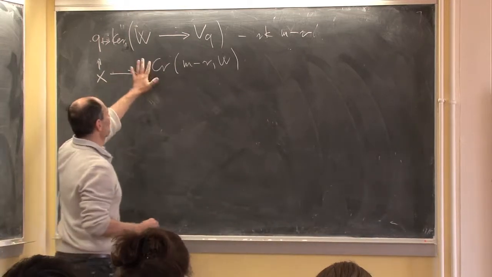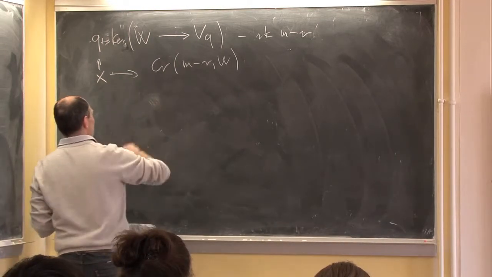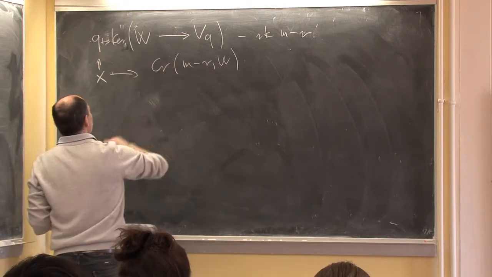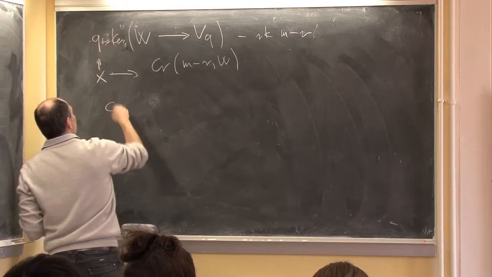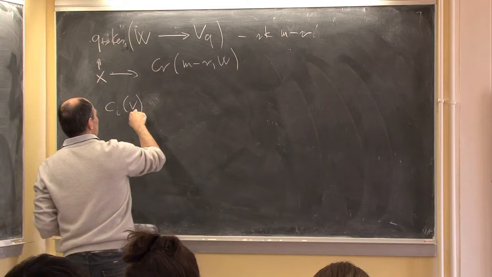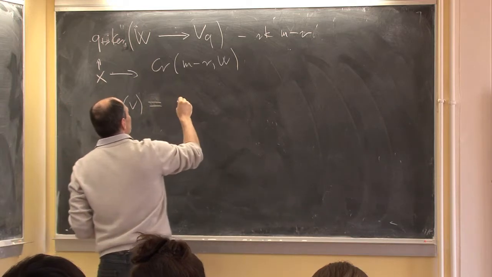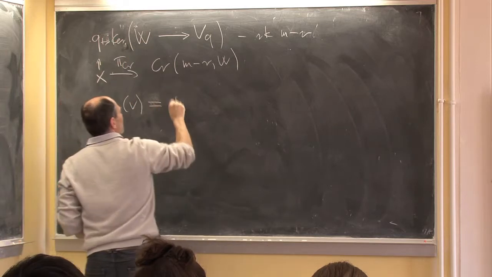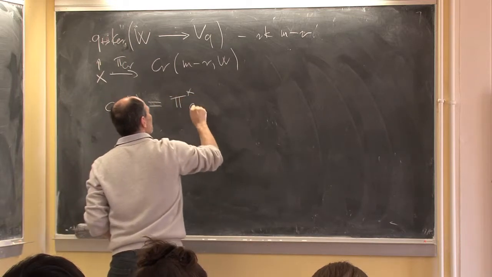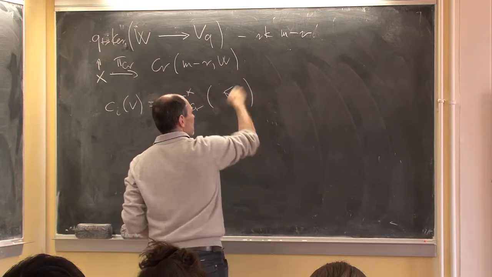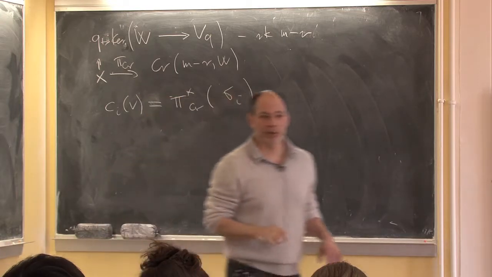The point is now, let me just say one word, and I don't have time to explain it. The idea is that now, looking at it this way, we can represent the ith Chern class of the vector bundle as the pullback from the Grassmannian of some special classes sigma i. These classes sigma i are what I'll construct next time.